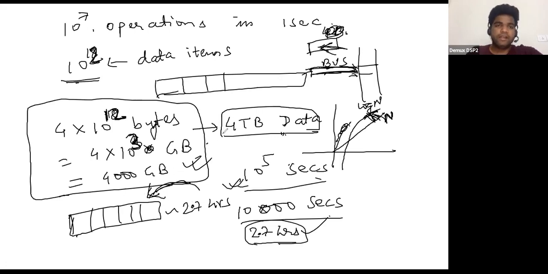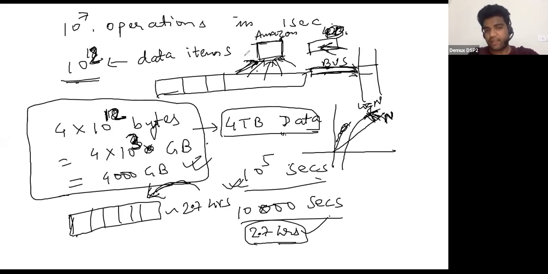Like typically, just think about an Amazon server. If you really want to get a real life understanding, think about how many search requests Amazon gets per second. There are a lot of search requests that keep going when someone is looking up on Amazon, right?